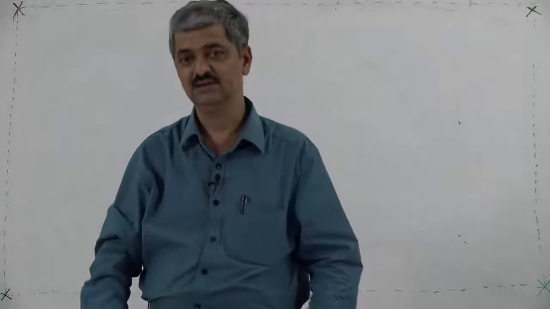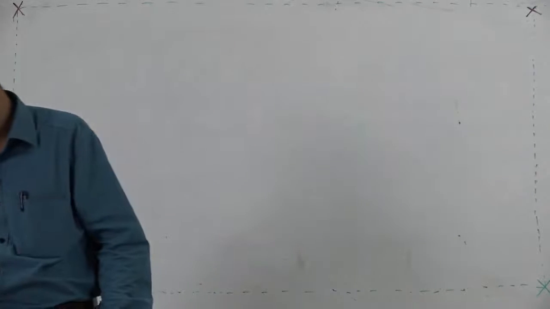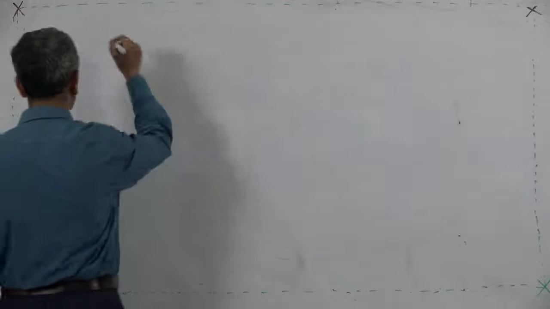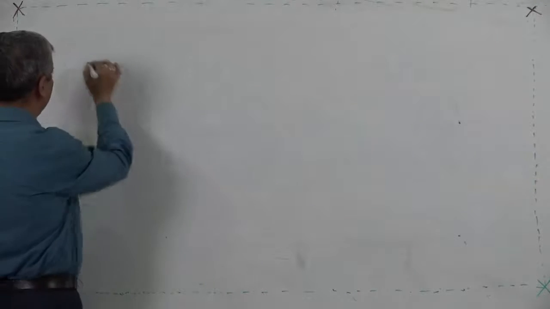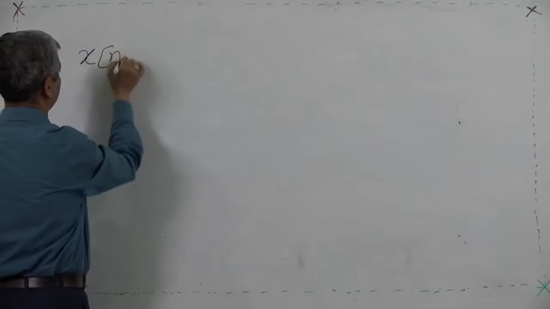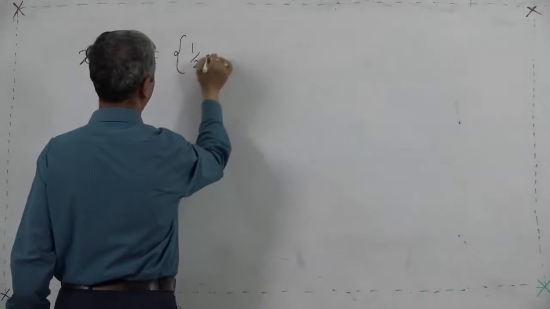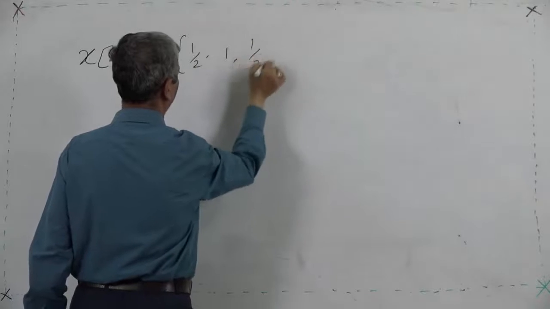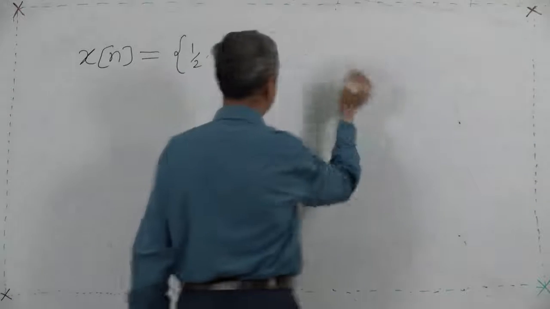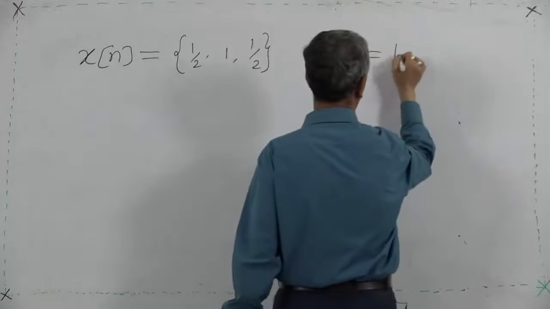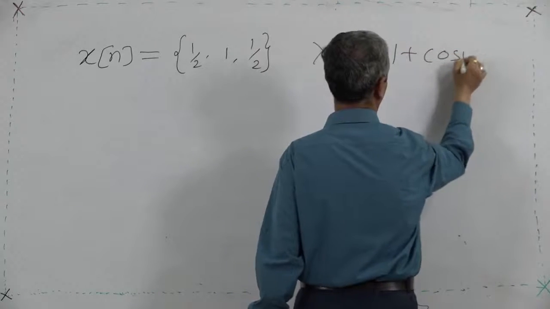Welcome to the sixth session on discrete time Fourier transforms. In the last session we had an example where x[n] was half, 1, and half, and we transformed it into X(omega), which is 1 plus cos omega.